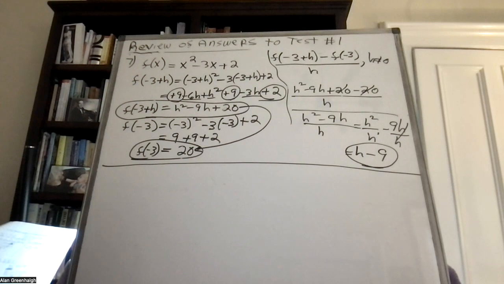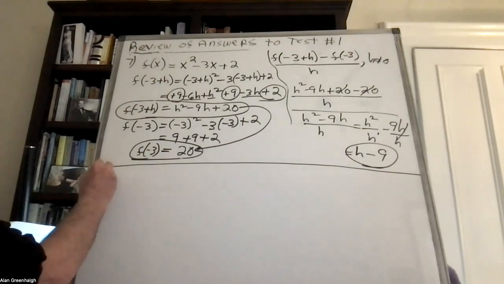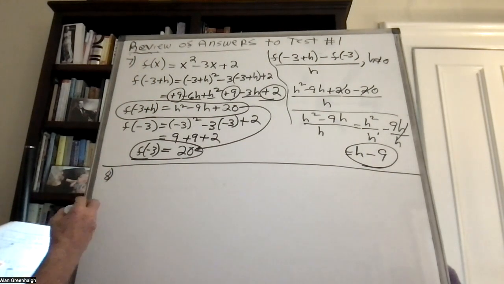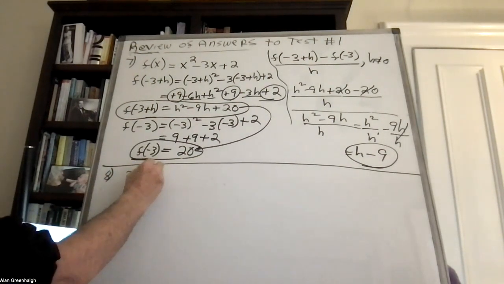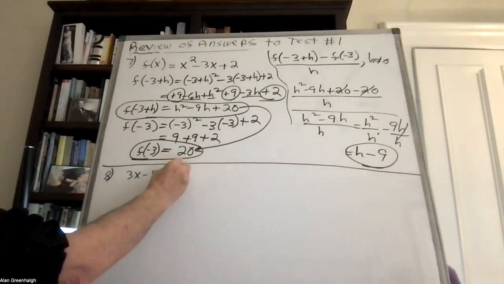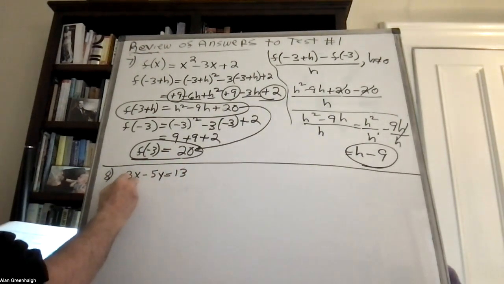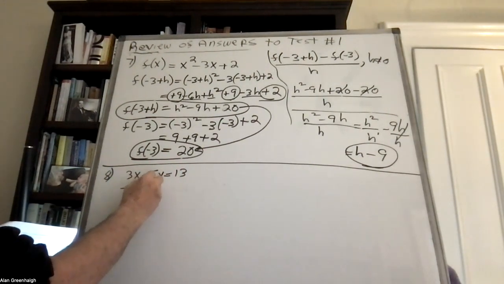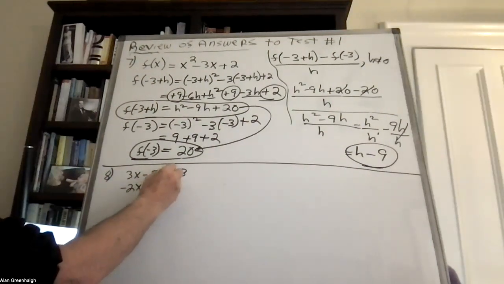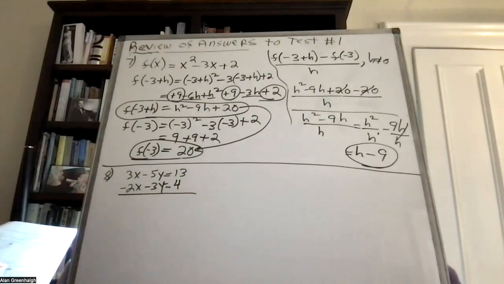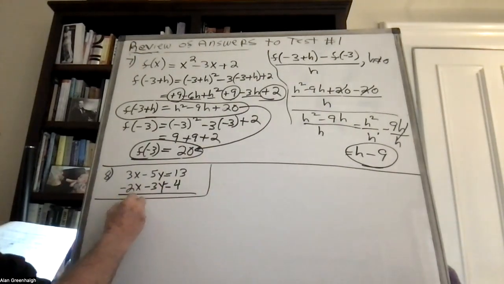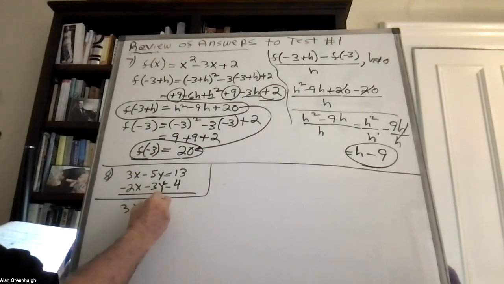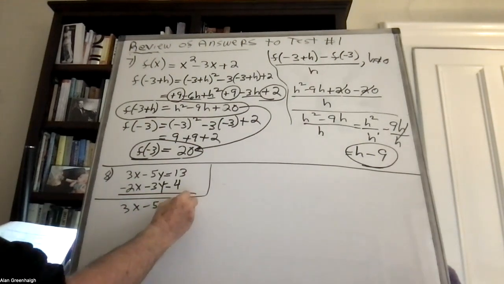Okay, problem number 8. Solve for x and y. 3x minus 5y equals 13, and negative 2x minus 3y is equal to 4. Okay, now let me rewrite this problem. So 3x minus 5y equals 13.